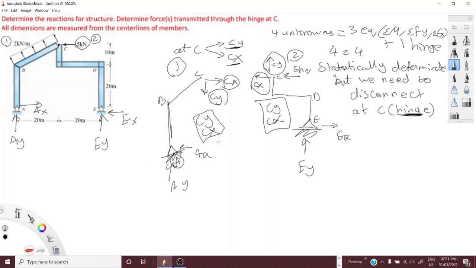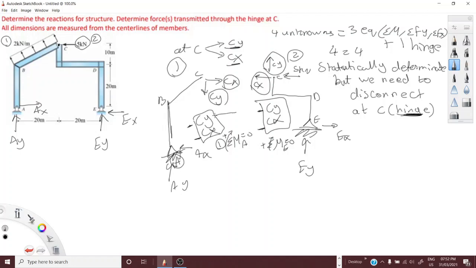Let's find the moment at A, in order to find Cx and Cy. We also need the summation of moment at E equal to 0 in order to find Cy and Cx.